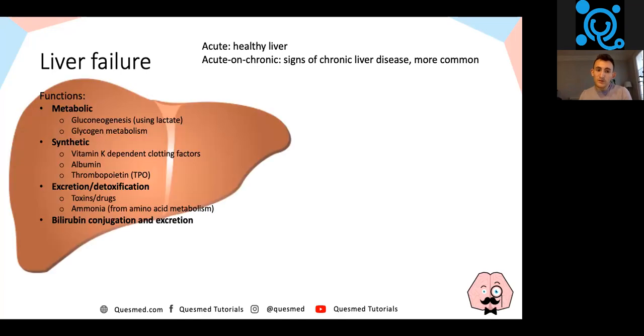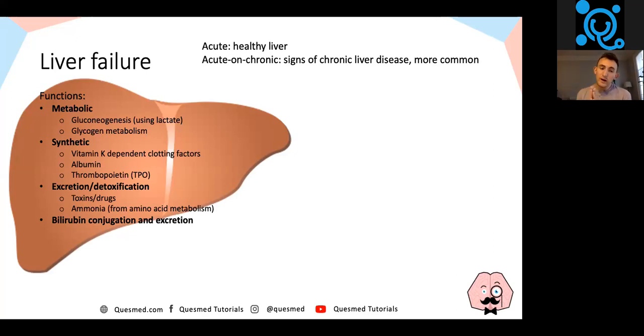So in terms of the liver's functions, in terms of metabolic functions, it does gluconeogenesis. So it mobilizes lactate to do gluconeogenesis, and it also does glycogen metabolism. In terms of synthetic function, it synthesizes albumin, it synthesizes thrombopoietin, which leads to platelet synthesis, and it synthesizes vitamin K dependent clotting factors, which are important in the prothrombin time.